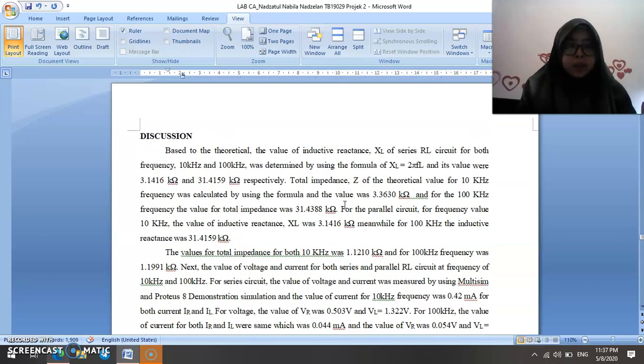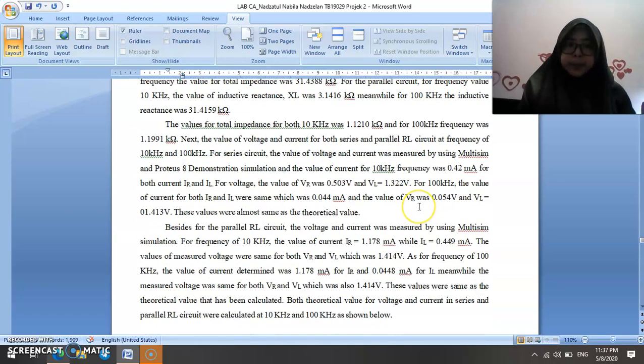Most of the values that I obtained from the measurements in the simulation were almost the same as the theoretical values.